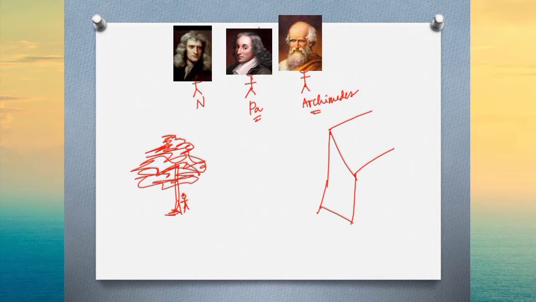Siyempre, bibilang siya ng hanggang 10. Diba? So, kung si Pascal ay nagtago na dito and si Archimedes yung taya, yan. Kaya nung nagbilang na ng hanggang 10, palagay natin mga 7.5 pa lang, wala pong 10. Si Newton ay nandito lang sa likod ni Archimedes.